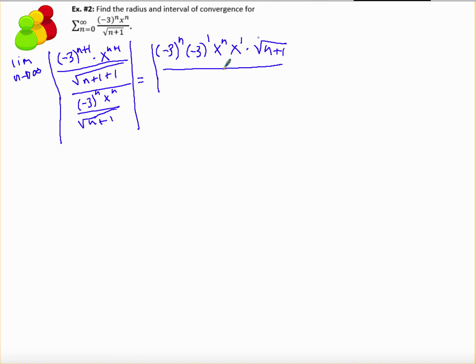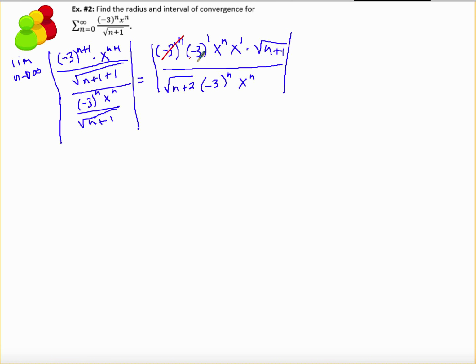Now, I've stretched out the top, stretched out the bottom. That's multiplying by the reciprocal. So I'm going to get these middles here. This is going to give me the square root of n plus 2, because 1 plus 1 is 2. Then I've got negative 3 to the n power and x to the n power, all inside the same set of absolute values. And we can reduce this.